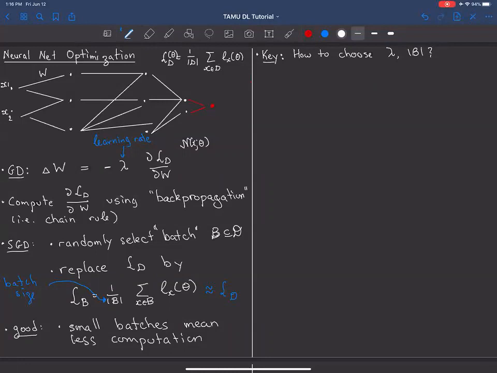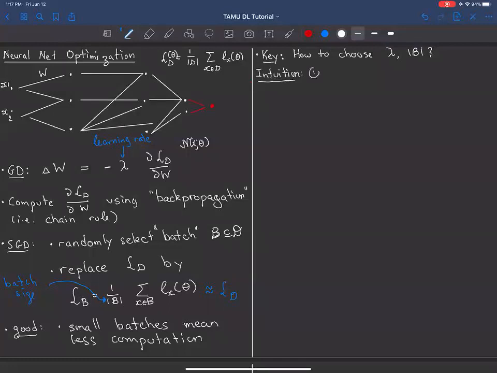So let me try to build up our intuition about how to think about the batch size and the learning rate. These are two constants you have to set in practice. They're kind of fascinating, at least to me. Here's the first intuition.